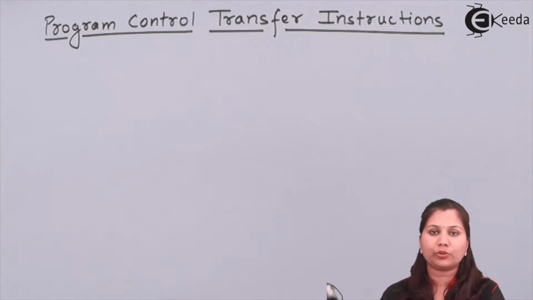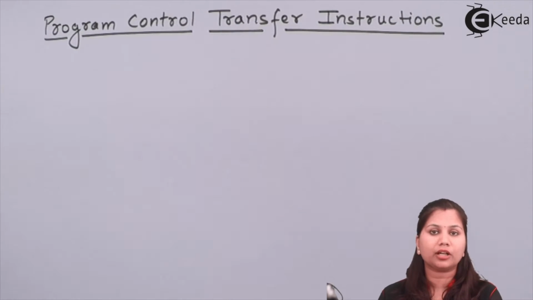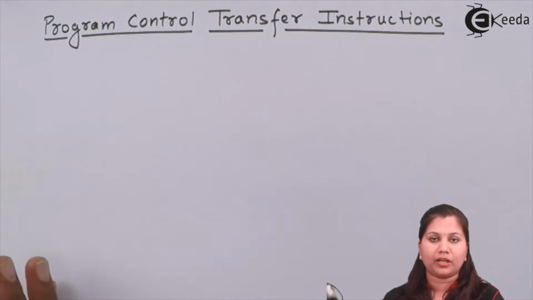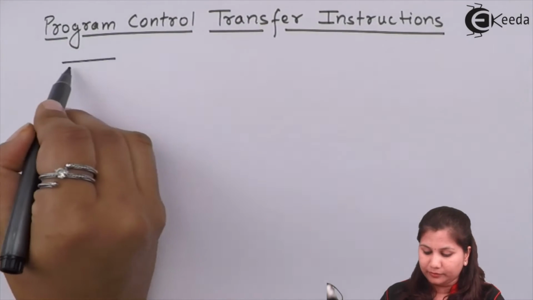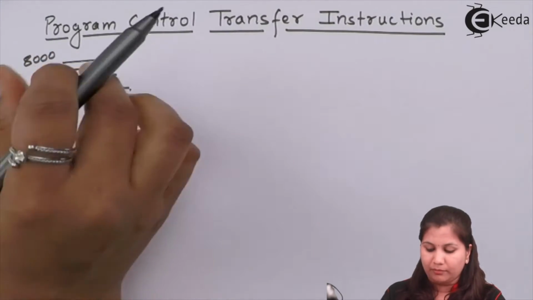The program control transfer instructions are those instructions which transfer the control of the program or the microprocessor from the main program to some other memory location. Suppose the main program is written at some memory location in the microprocessor, like from 8000 memory location.